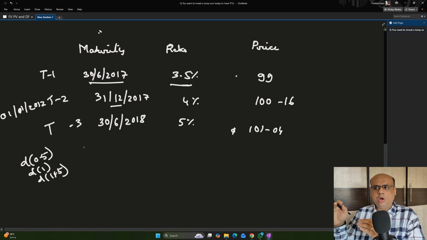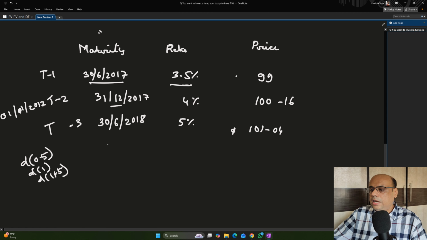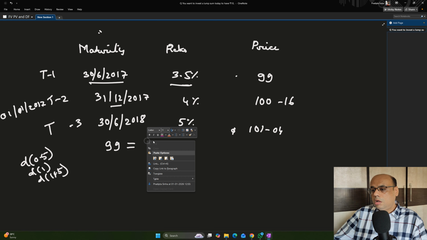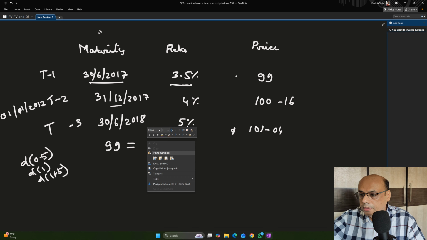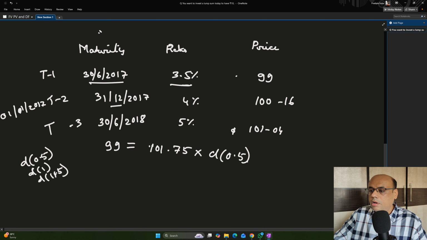The same way, we will use the same concept here. So let's say 99 today is equal to the amount in 6 months time, so the 6 months DF, which we have to find out, is equal to 101.75 into D of 0.5, right?